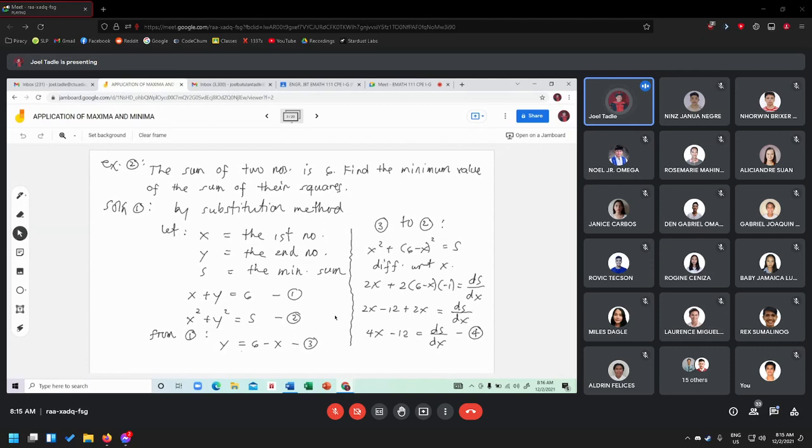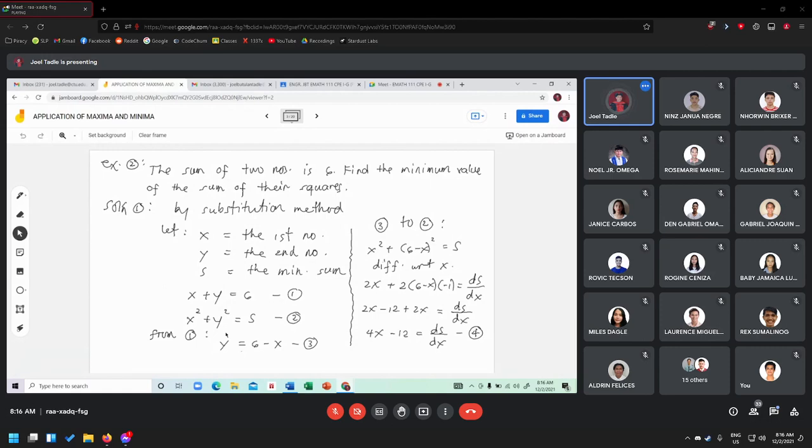Then from equation number 1, solve for y in terms of x, then substitute to equation number 2. So y is equal to 6 minus x. Substituting to equation number 2, we have x squared plus quantity 6 minus x squared equals s. Then differentiate with respect to x.